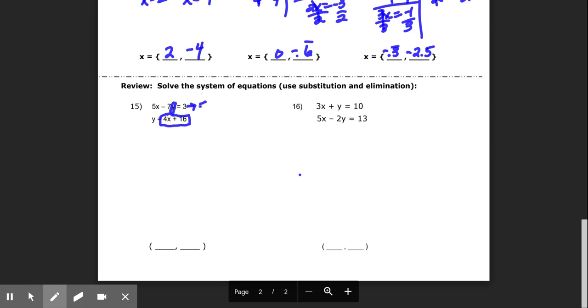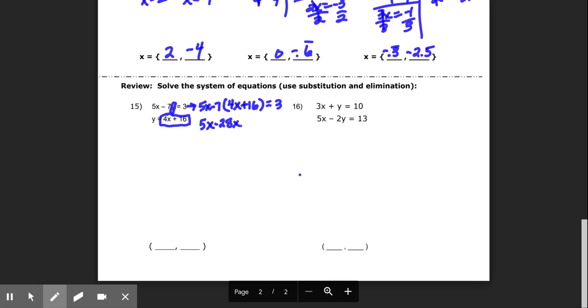So we're going to have 5x minus 7, and then in parentheses you put 4x plus 16. And then you set that equal to 3. So then we have 5x. Negative 7 is your distributor. So this will be a negative 28x.